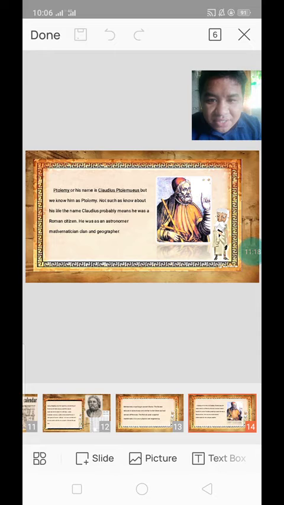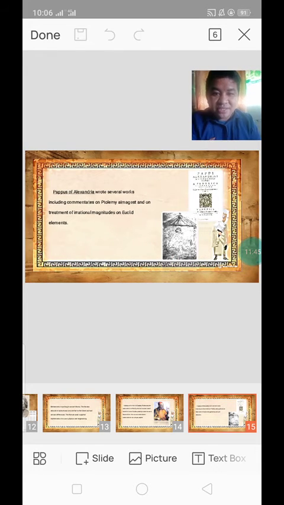Claudius probably means he was a Roman citizen, an astronomer, mathematician, and geographer. I think Ptolemy is one of the genius mathematicians. I believe that Ptolemy made a good contribution to our mathematics.